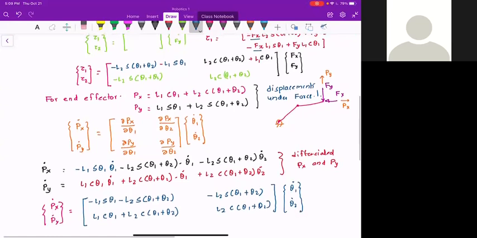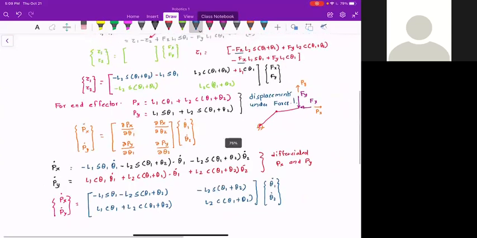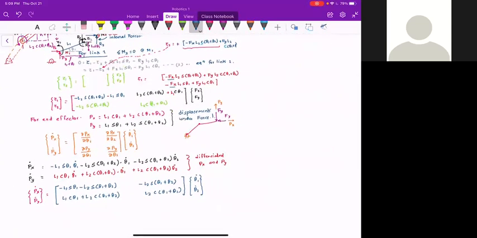Now I want to show you an interesting comparison. That's why I shrunk this. I want you to compare this equation, equation 4, with this equation, equation 5. Look at these two equations.